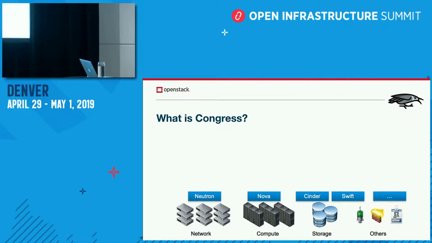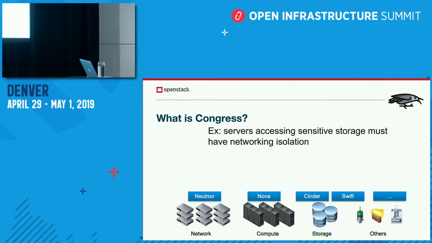Now, what if an operator wants a policy, for example, that says servers having access to sensitive storage must have strict networking isolation? Where does that policy go? It crosses several of these services, including compute, networking, and storage, so it doesn't naturally belong in any of these silos.